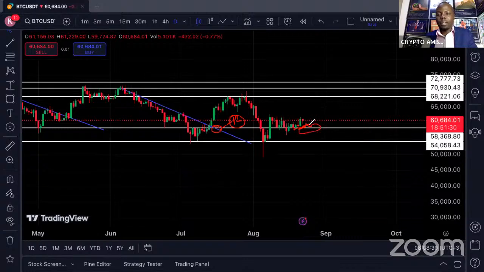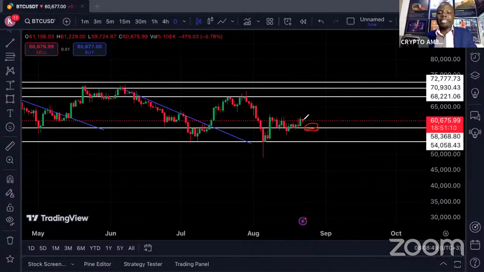This one I have drawn here. This is a confident close above.